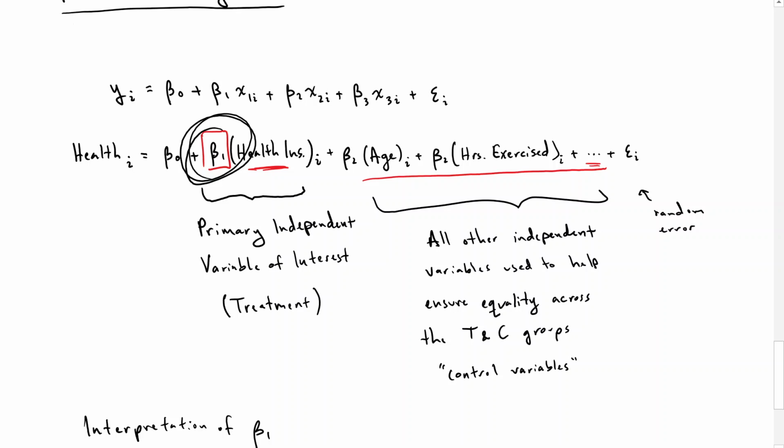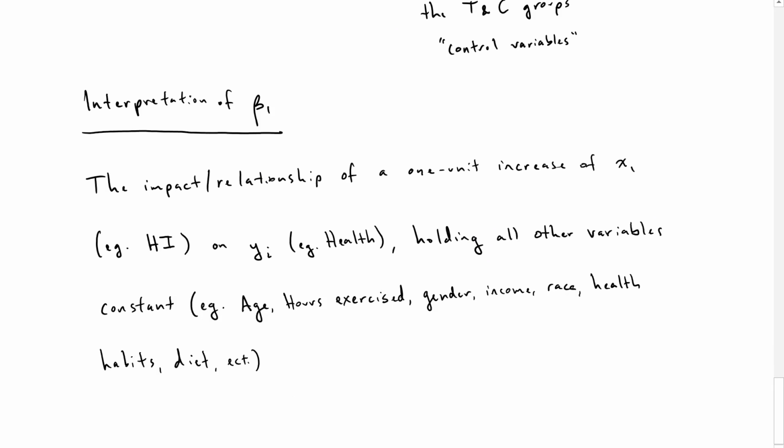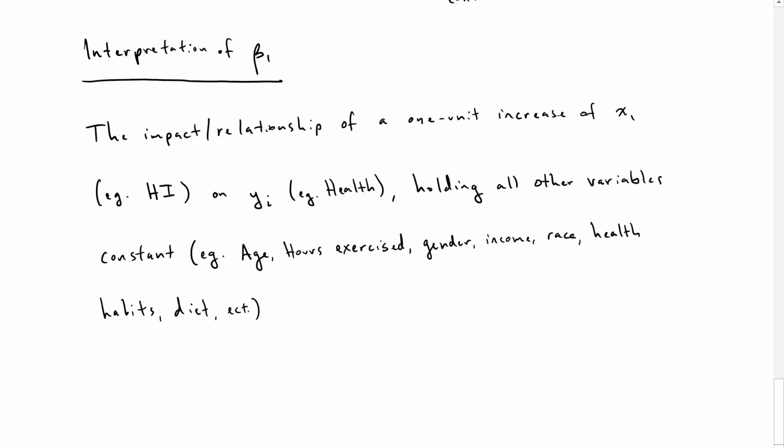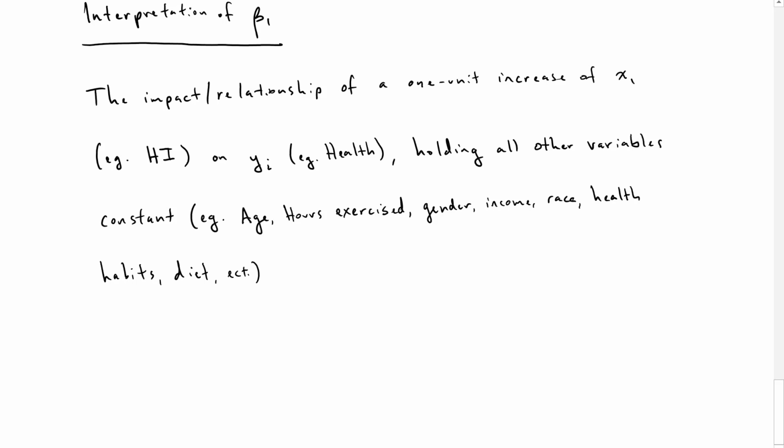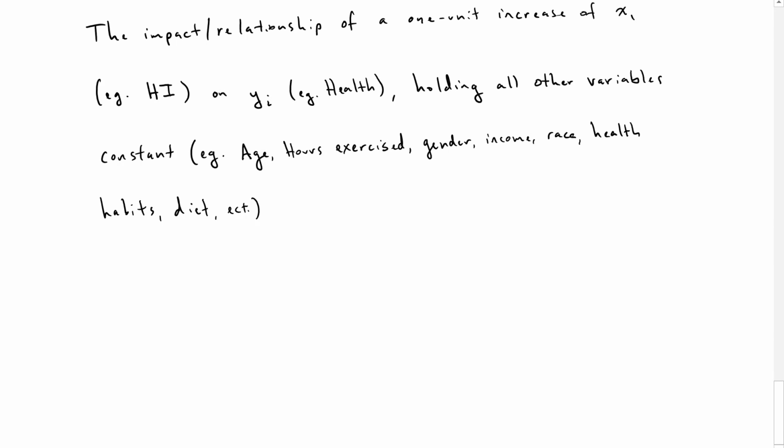If you don't control for those variables, they get captured inside of this beta 1 term. So it's very important to control for as many possible variables as you can that might also affect the outcome. So beta 1 is the 1 unit increase of x on y, holding all other variables constant.